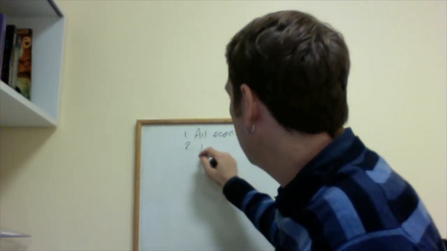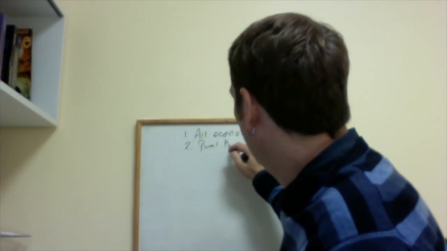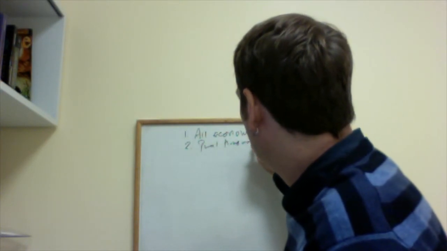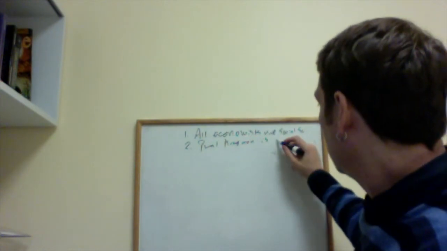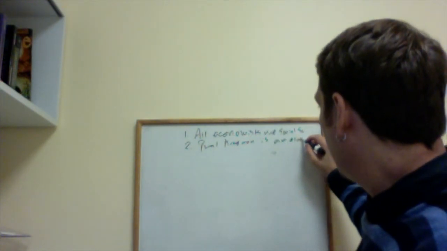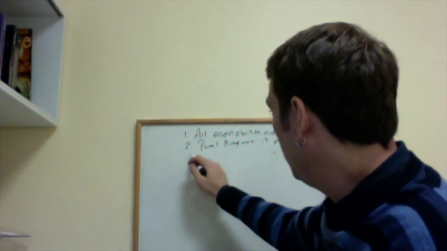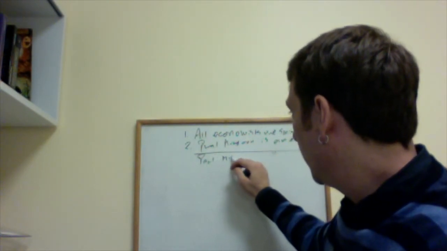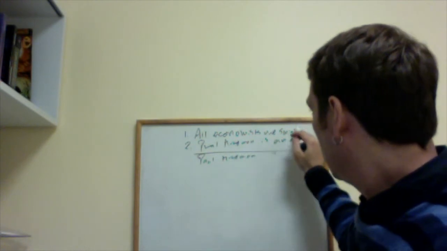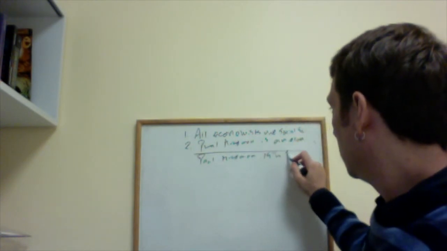Our second premise is that Paul Krugman is an economist. Our conclusion, therefore, is that Paul Krugman is a social scientist.